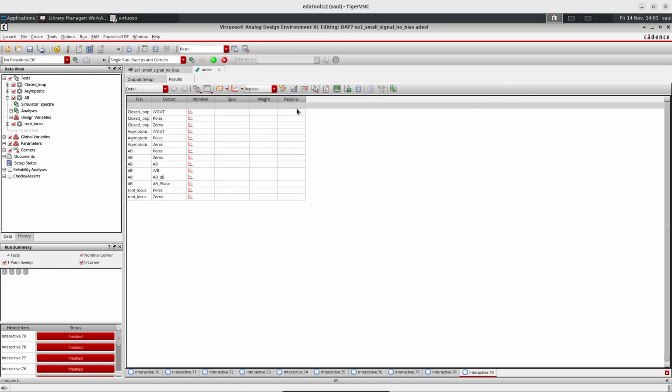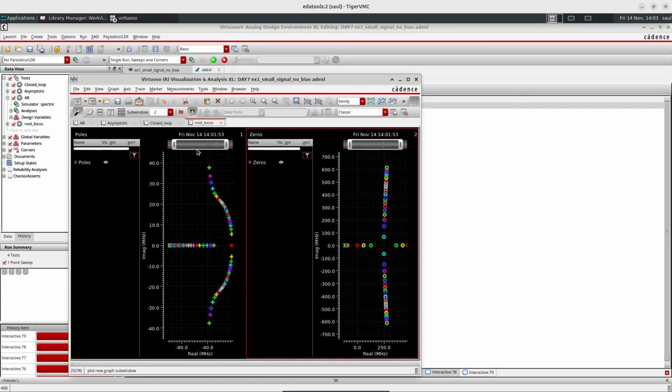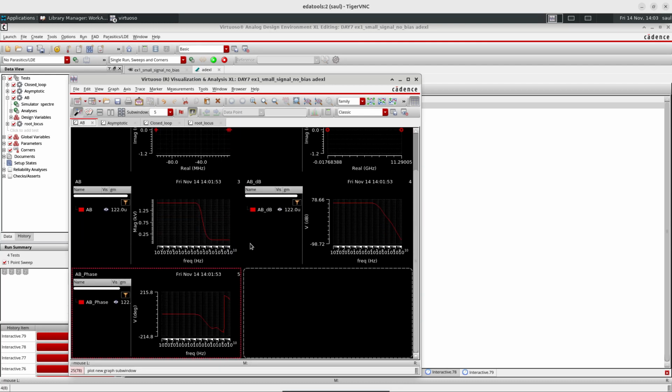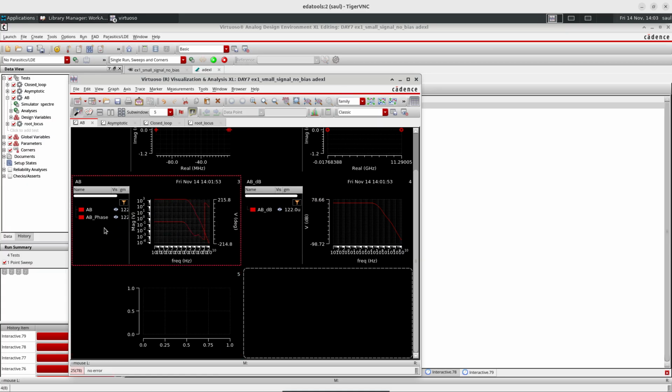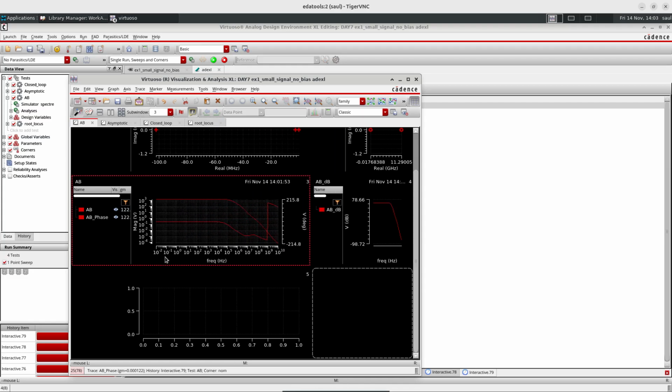Then, something else that we can say here, let's see, in the loop gain. In the loop gain, we can take a look at the phase also. Let's move this figure here so we can see both phase and amplitude of the loop gain there.